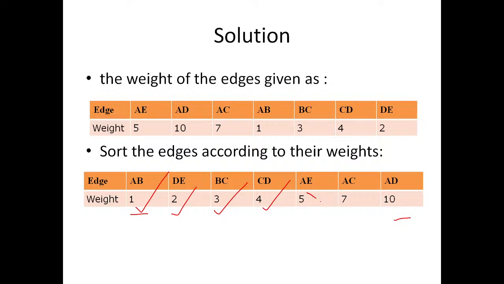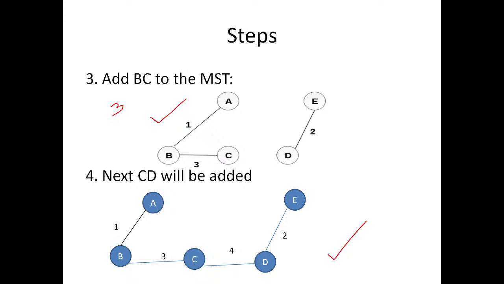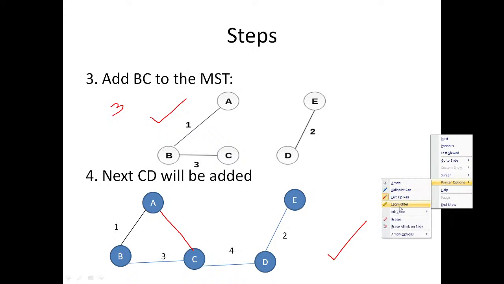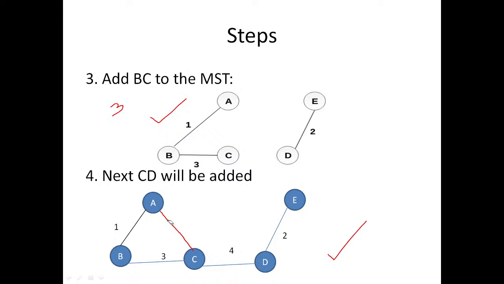AE we have already discarded as it was creating a cycle. Suppose we are adding AC. See, again a cycle: A, B, C, A. Again we can return to A. So this is also a cycle. We cannot consider it, right? So we'll erase it and discard this edge.